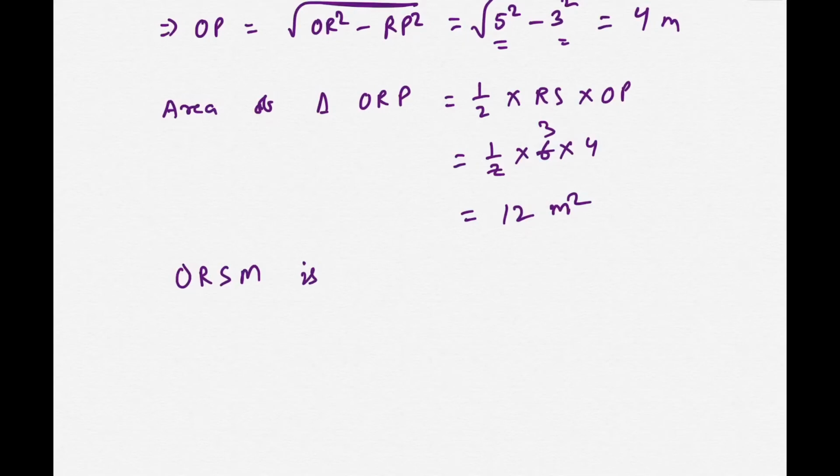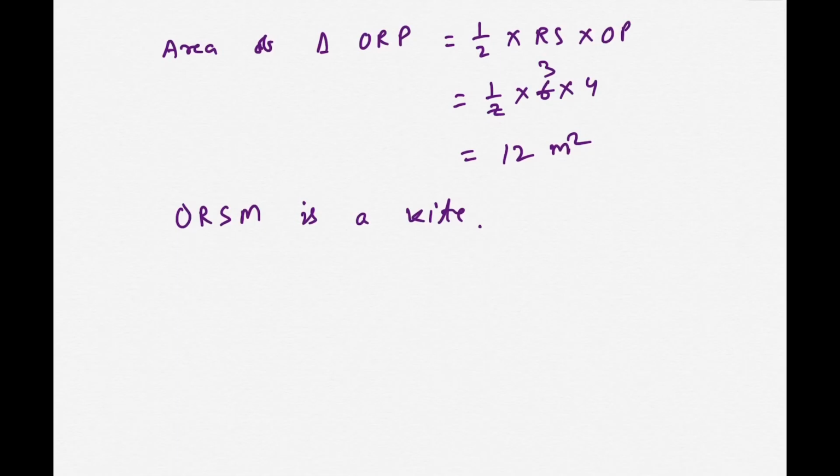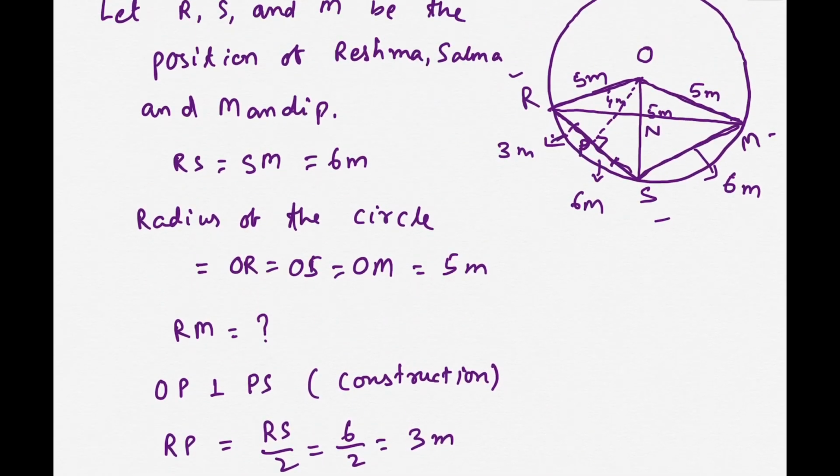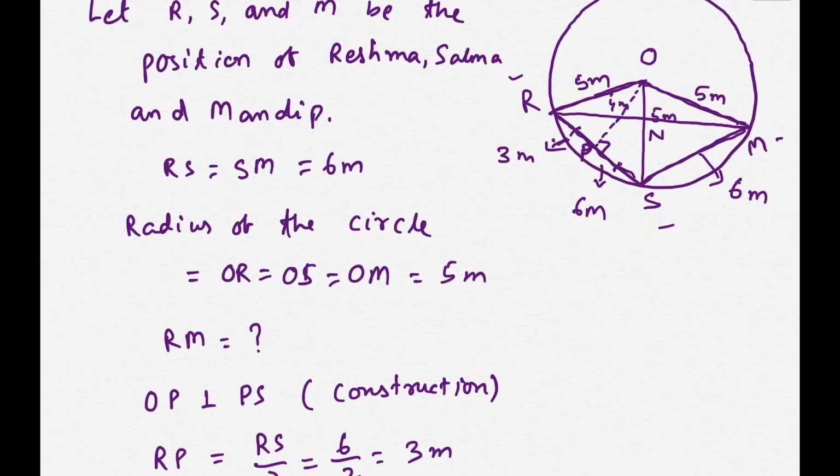That means the diagonals of a kite, OS and RM, these are the diagonals of the kite. And also it is perpendicular, and the diagonal which is common to both the isosceles triangles, this is RM, it is bisected by the other diagonal.